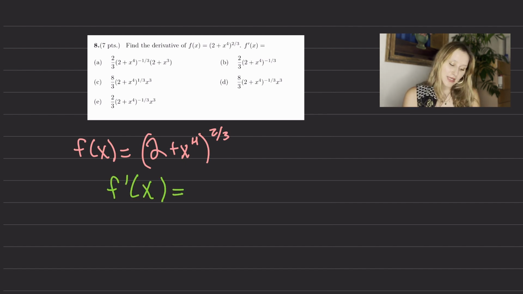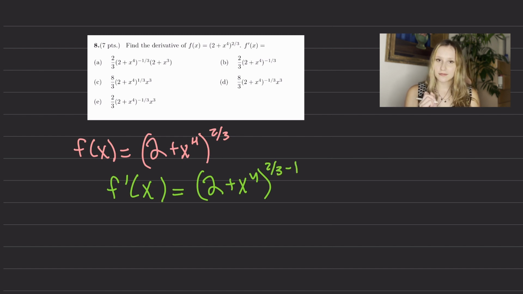Okay, so we take 2 plus x to the 4th. We're going to do 2/3 minus 1, and then we're going to multiply that by the derivative of what's inside the parentheses, which is 4x cubed.